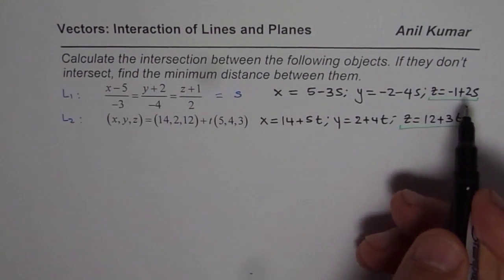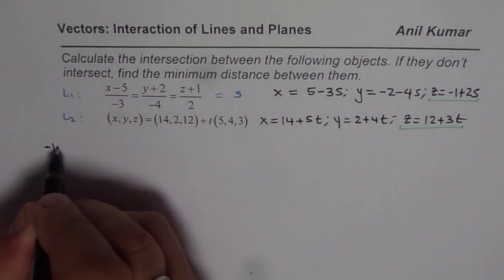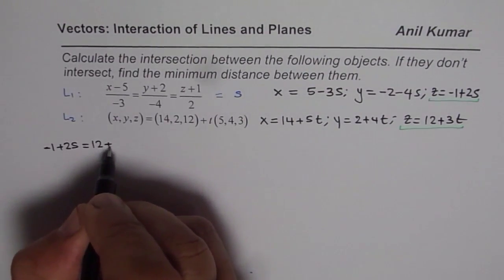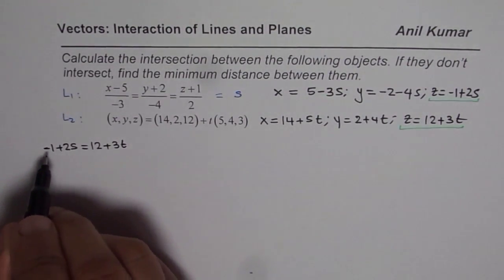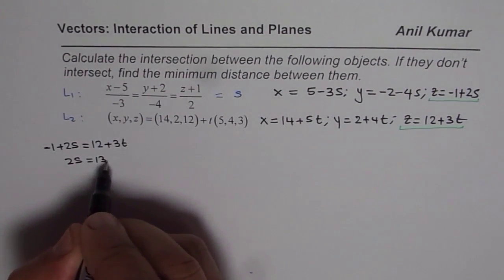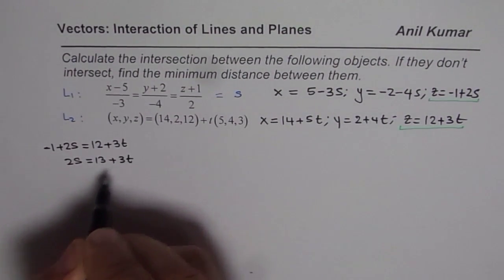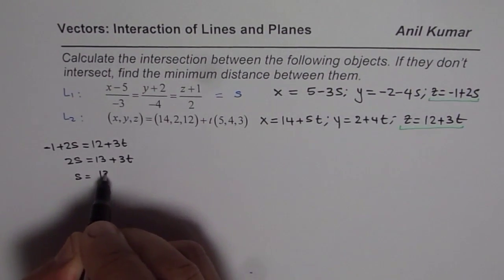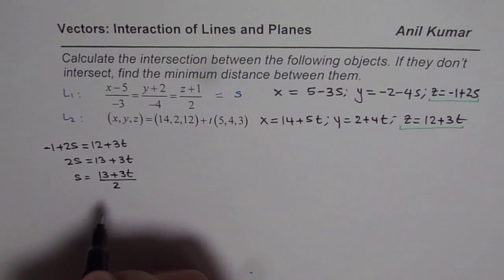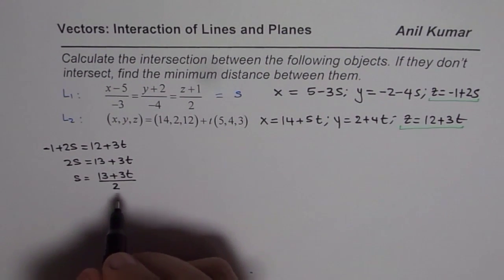So minus 1 plus 2s is equals to 12 plus 3t. That gives us 2s equals to 13 plus 3t, so s is equals to (13 plus 3t) divided by 2.